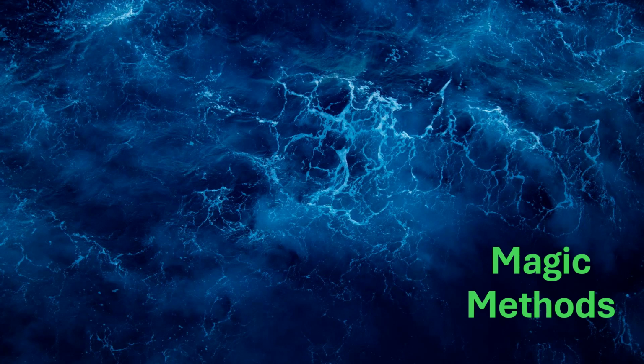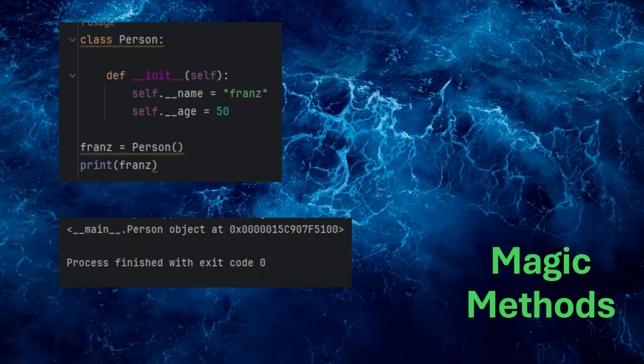And now we have to talk about one small concept, which is magic methods. It sounds really confusing at the beginning, but as soon as you get the concept, it's actually rather simple. So how does this work? Basically, if you have a class, you might want to use functions which you usually use in your code. For example, the print function, right?